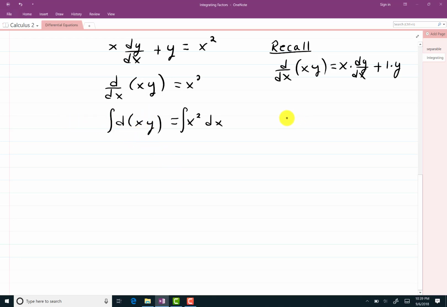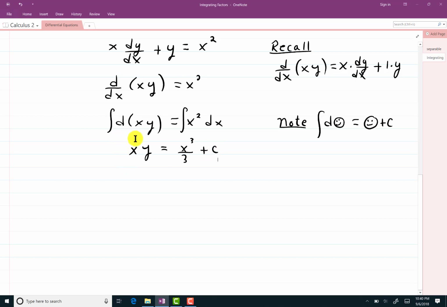A little note: if I integrate d of just anything, say d of smiley face, then all I get back is the smiley face plus a constant. So whatever is the smiley face, that's what's left from the integration. So the integral and the d actually cancel each other out. This is the differential of x times y, so I'll end up with just xy. I'll put the constant on the right as usual. That equals x cubed over 3 plus a constant.